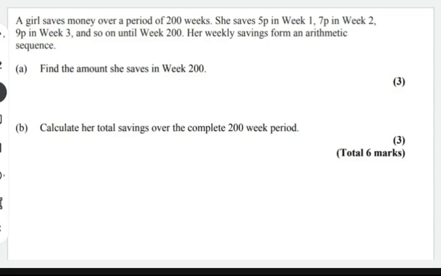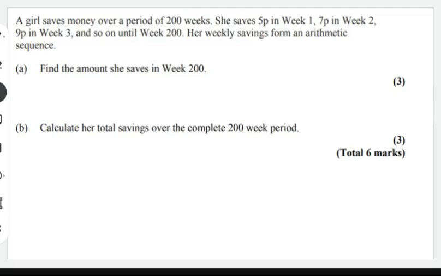Okay, so what's his money over 200 weeks? That's determination. I know, right? So 5p a week. Okay. So in week 200, this is just using the nth term formula again.